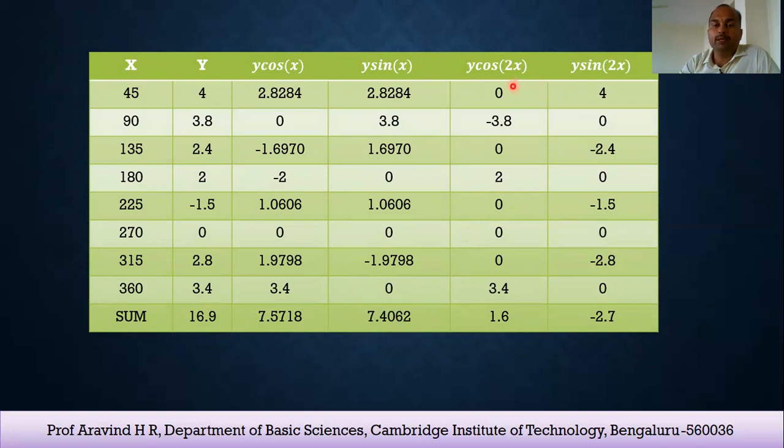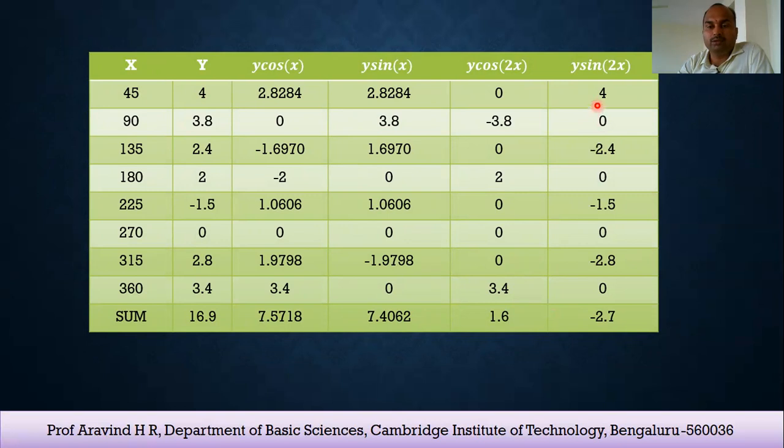Next, y cos 2x. Cos 2 into 45, 2 into 45 means 90 degrees, so it will be 0. Then 3.8 into cos 2 into 90, that is 180, so it will be minus 3.8. Similarly, you calculate all the values, and the sum will be 1.6.